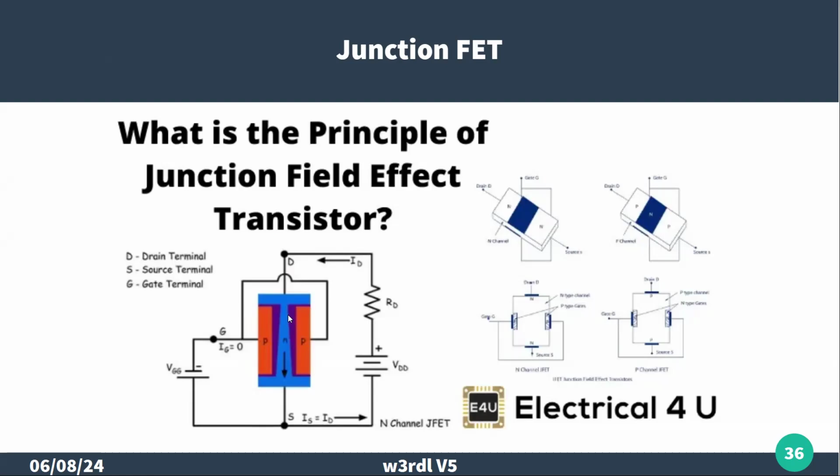And that's how it controls it, by controlling how many electrons or charges can flow from one end to the other. So as that restricts it, it reduces the amount of current. And as it opens up, typically if there's no voltage there, you're going to get maximum current flow. If you have in this one a high negative, it will shut it off.